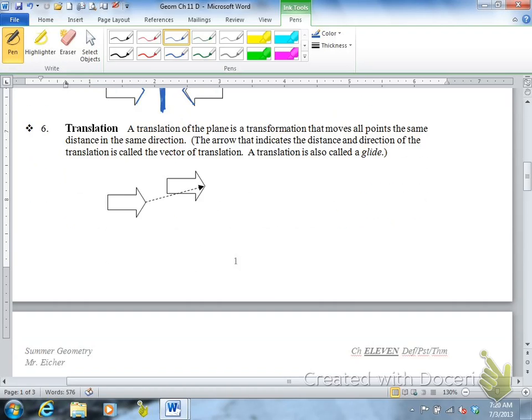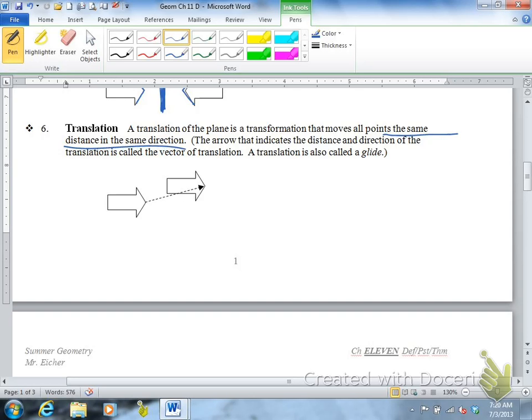A translation is another type of transformation. A translation of the plane is a transformation that moves all points the same distance in the same direction. So same distance in the same direction. Well, we were talking about a word called vector, which is about distance and direction. So a translation moves all points the same distance, same direction.